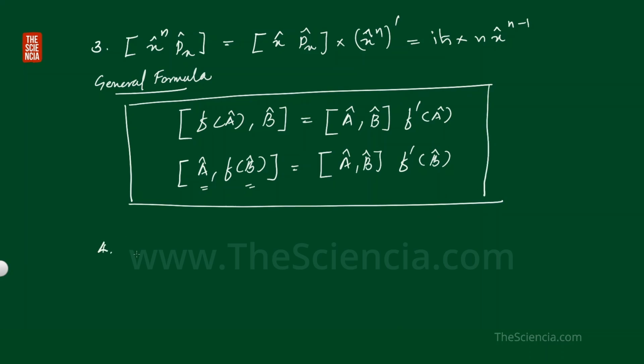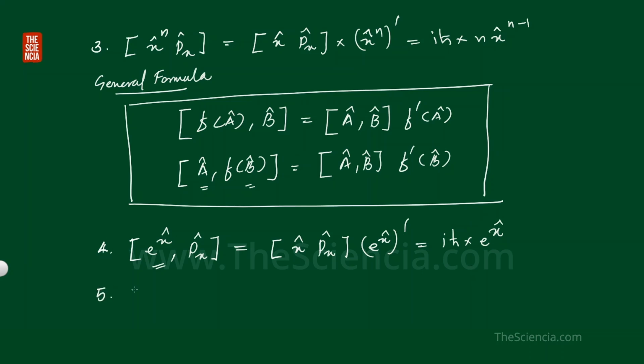Fourth example: commutator bracket e raised to x cap comma px cap. Here we can use the above general formula, that is the commutator x cap px cap into the derivative of e raised to x cap, since this is a function of x. So that is equal to i h cross into the derivative of e raised to x cap, which is e raised to x cap itself.